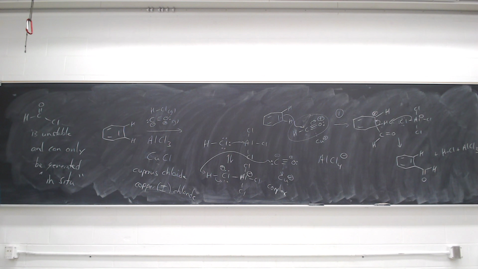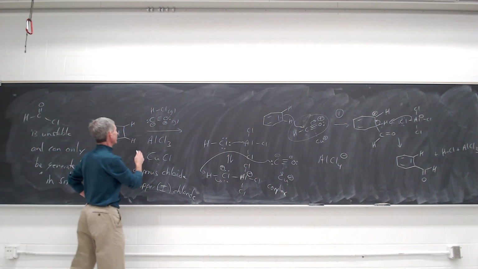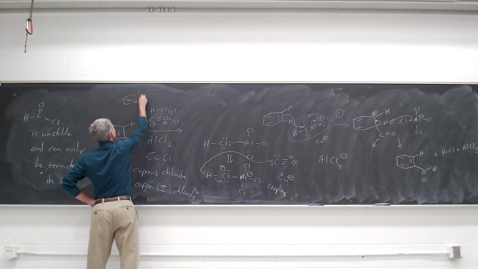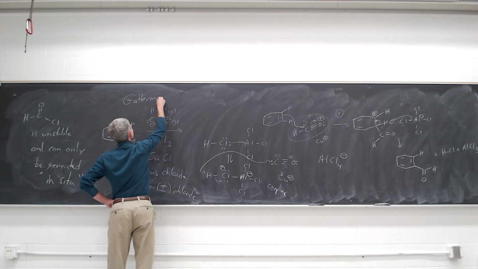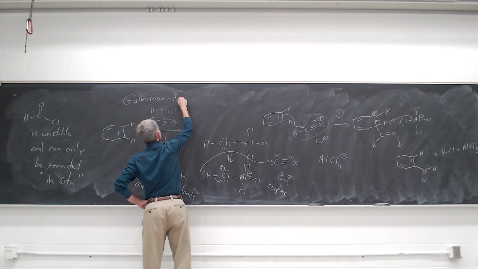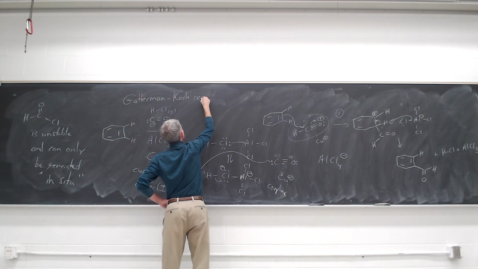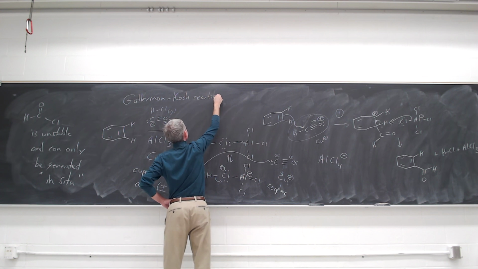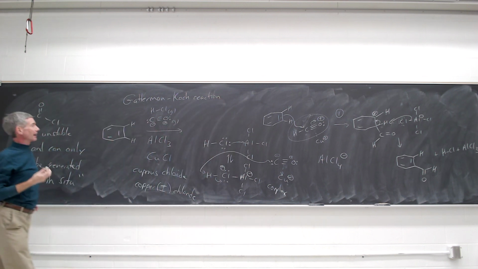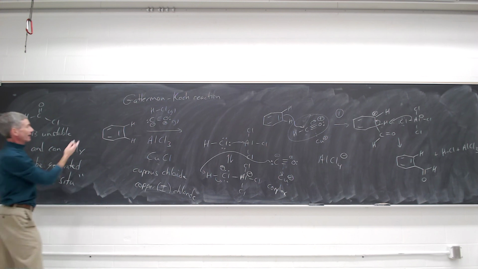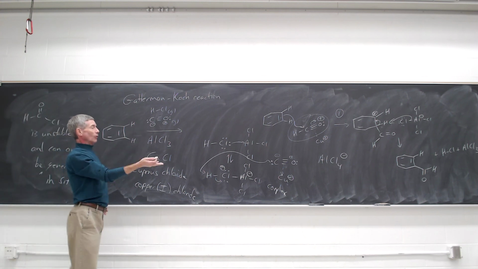This reaction is important enough that it actually has a separate name. It's called the Gattermann-Koch reaction. And it's specifically for making aromatic aldehydes from aromatic rings through formylation.